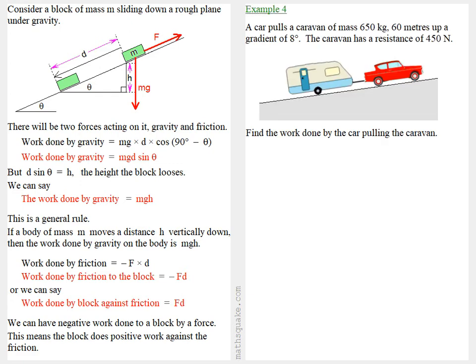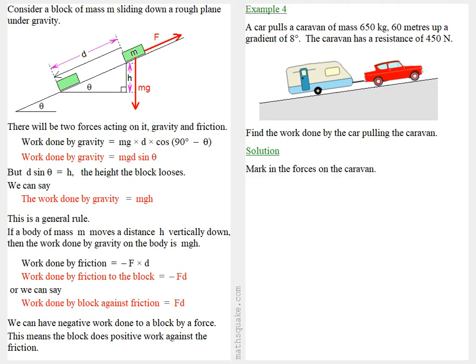In example 4 we have a car pulls a caravan of mass 650 kilograms 60 meters up a gradient of 8 degrees. The caravan has a resistance of 450 newtons. We have to find the work done by the car pulling the caravan. Well, to solve this, we mark in the forces on the caravan.